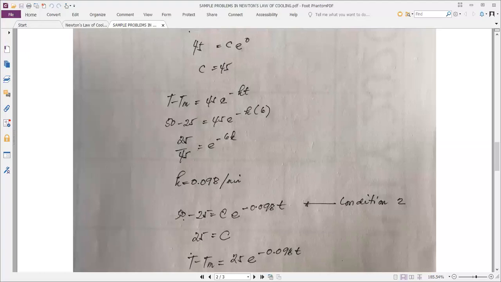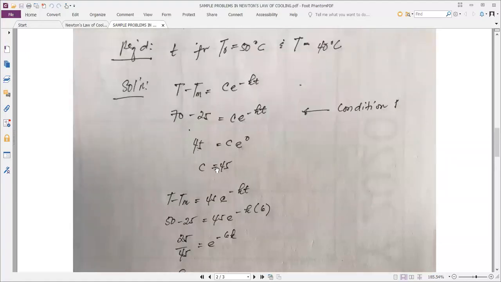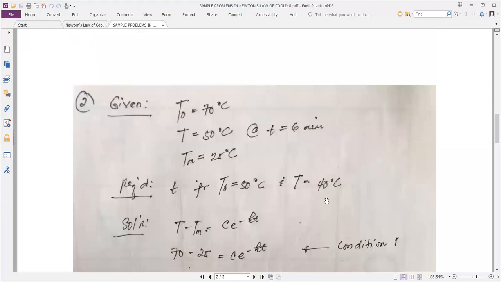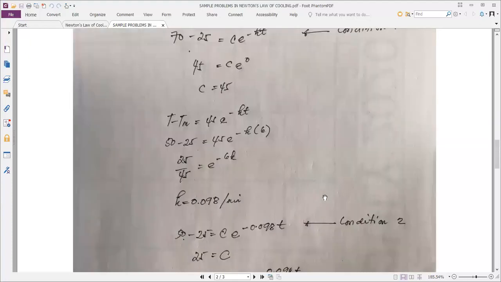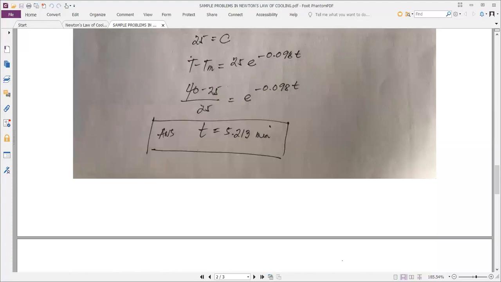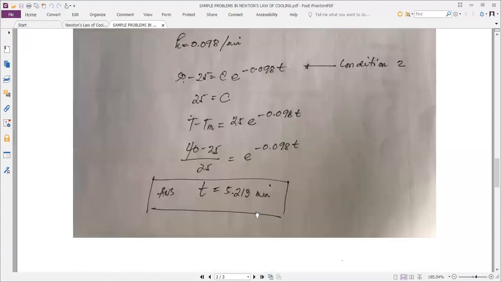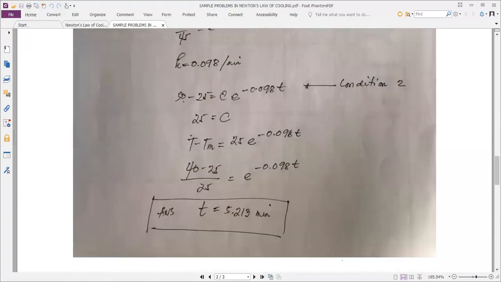What's the temperature that you will be getting if the object is cooling from the original temperature of 70 to 40? What's the time that you will be getting? 11 minutes, almost.